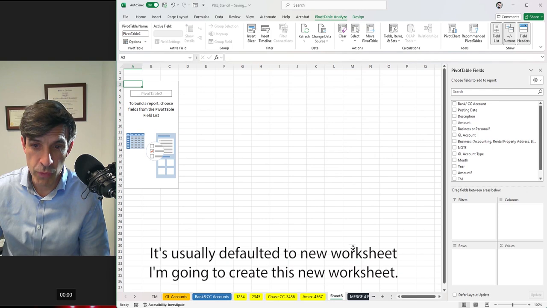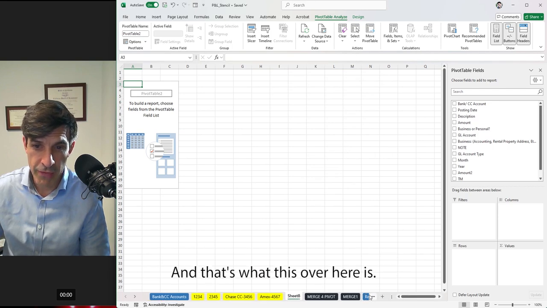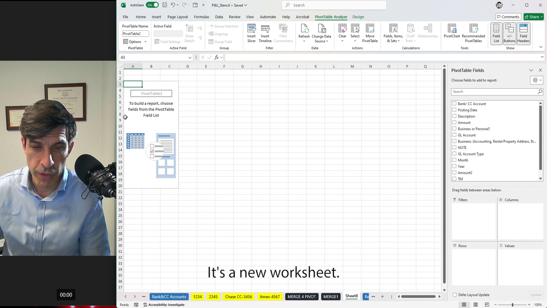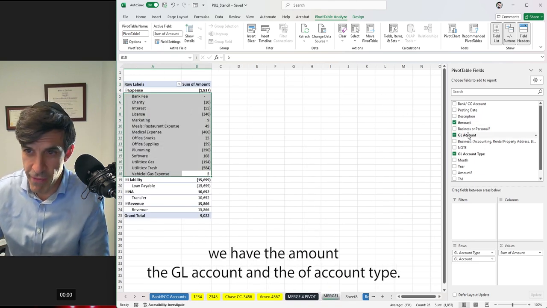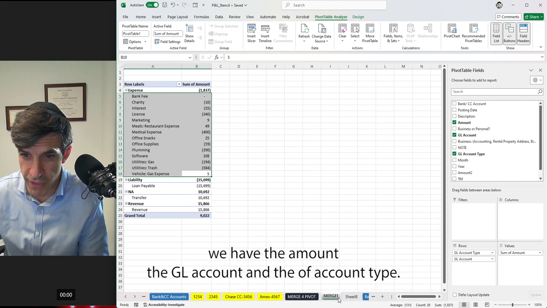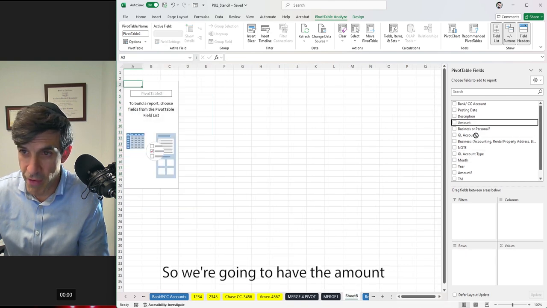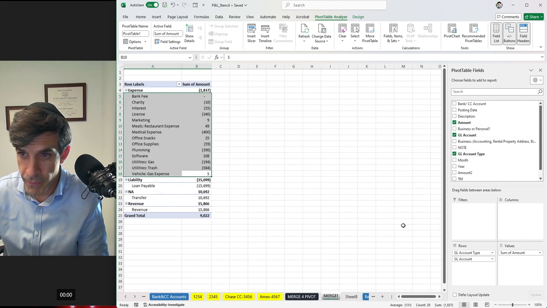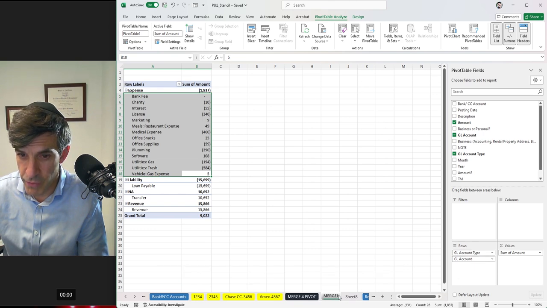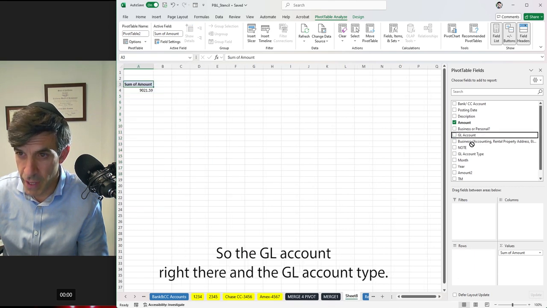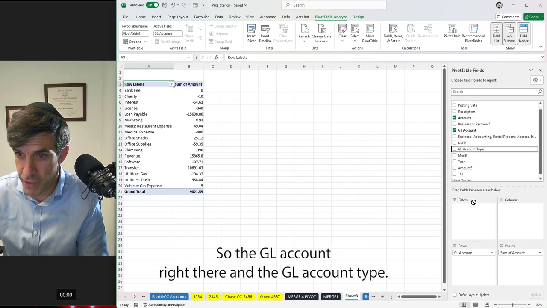I'm going to create this new worksheet, and that's what this over here is. Now, I already selected over here the amount, the GL account, and the GL account type. So we're going to have the amount, the GL account type, and the GL account.